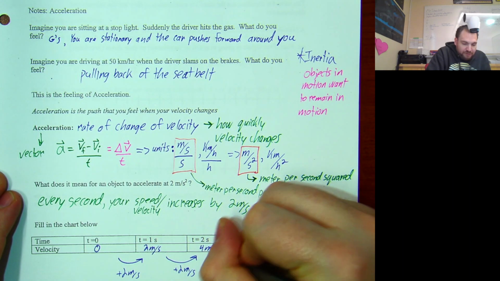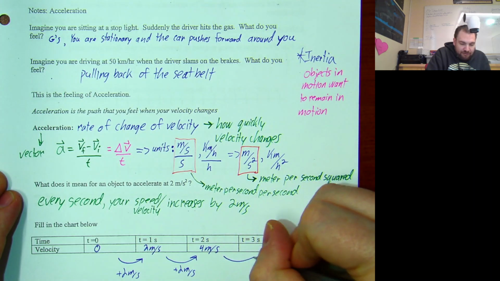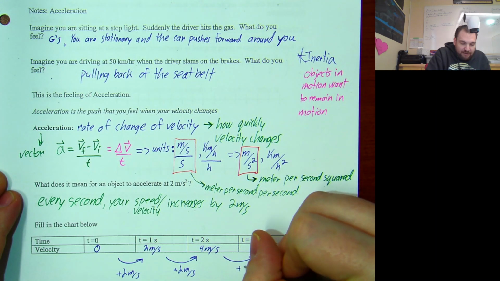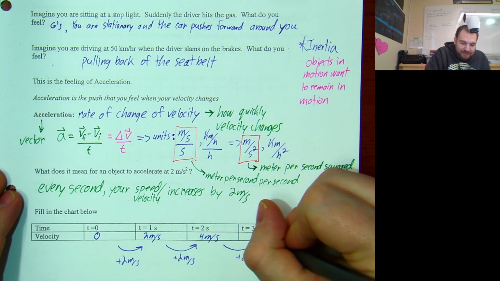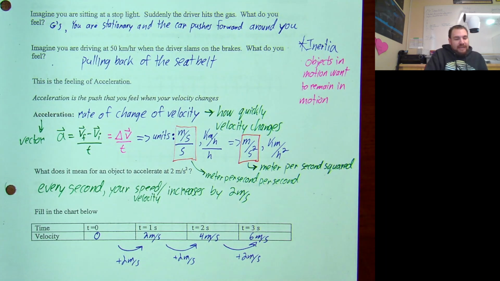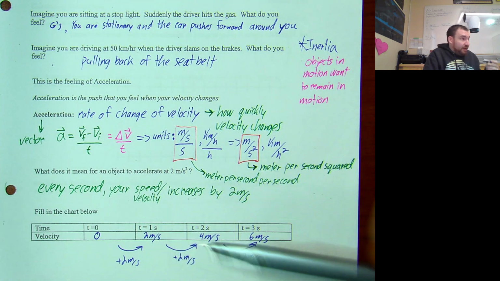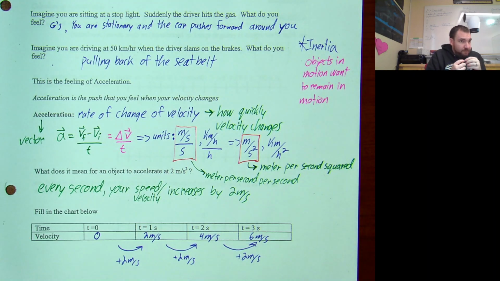Now we're going 4 meters per second. Now we're going to increase by 2 meters per second again, so now I'm going 6 meters per second. That's what a 2 meter per second squared acceleration actually means. Cool?